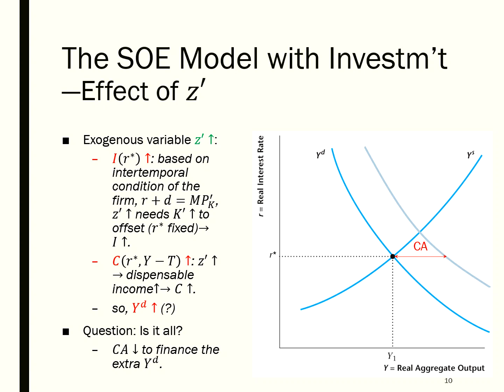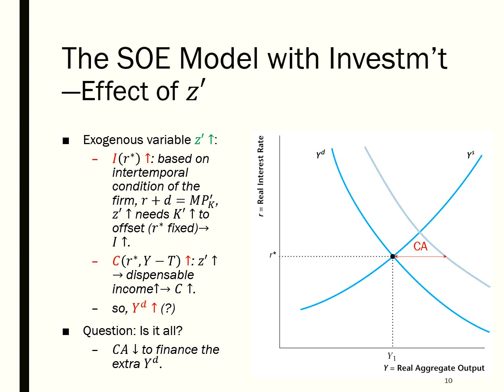Similarly, for the consumption, when Z prime increases, the disposable income will increase. This is done by consumption smoothing with the help of the credit market. Up to now, it seems there must be an increase in the aggregate demand because C and I are the two most important components of aggregate demand. However, you may forget another very important component, that is the current account.